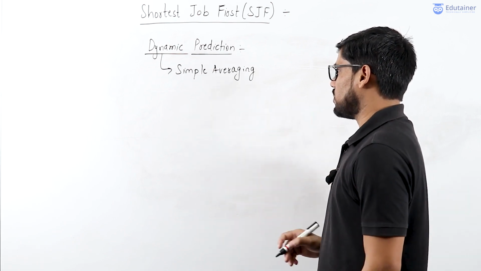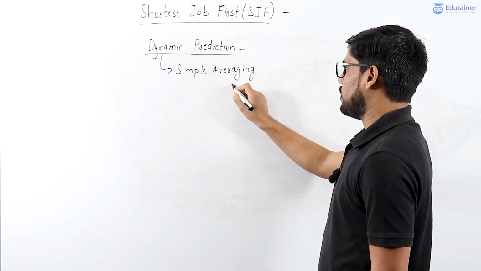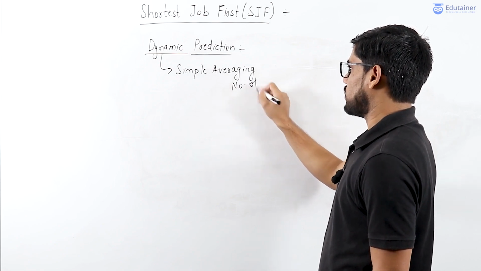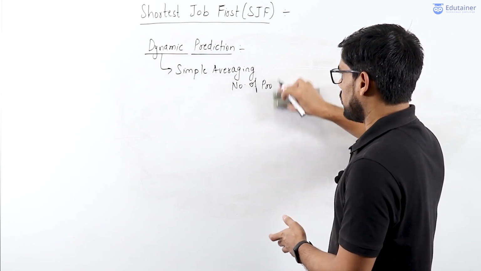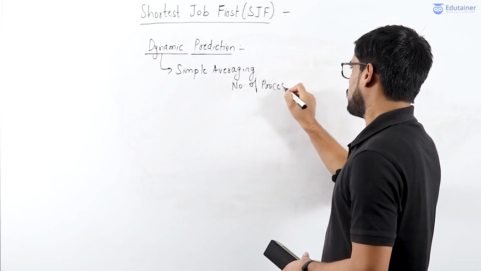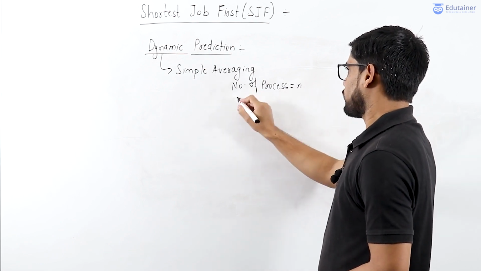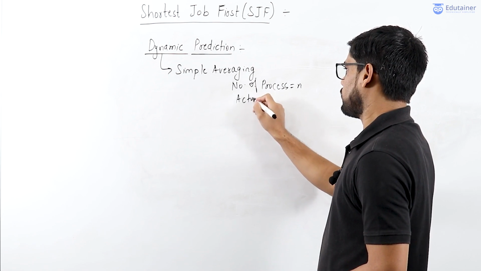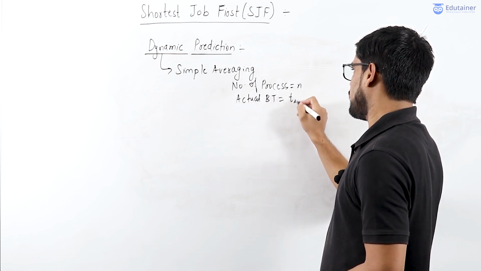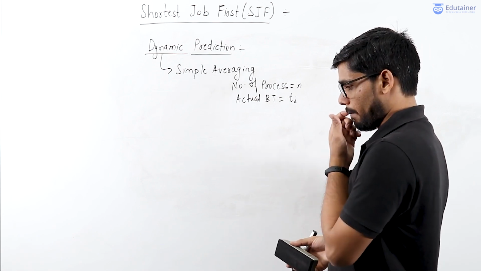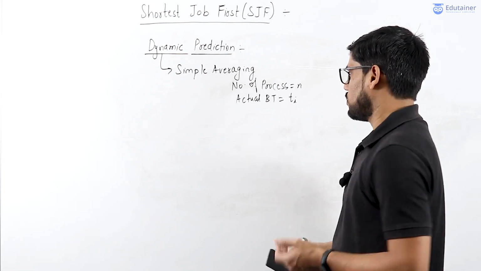So in simple averaging, the formula comes like this. Let's say the number of processes is n. We have n processes available in our operating system. Assume that the actual burst time is Ti. The actual burst time is not known before completion of a process.